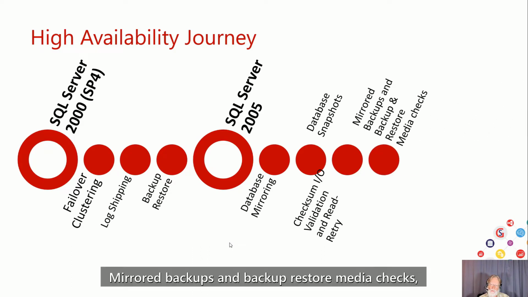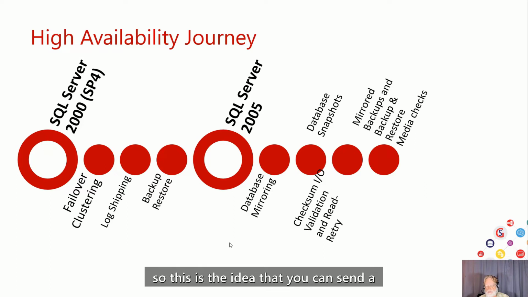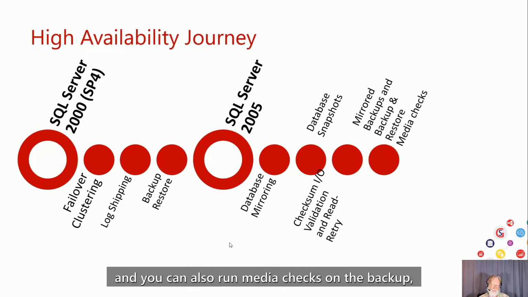Mirrored backups and backup restore media checks. So this is the idea that you can send a backup stream to duplicate sets of media. So your backup goes to 2 different disks just as an extra safeguard, and you can also run media checks on the backup, restore verify only. It would verify the structure of your backup files.